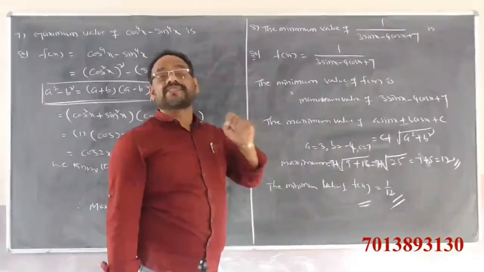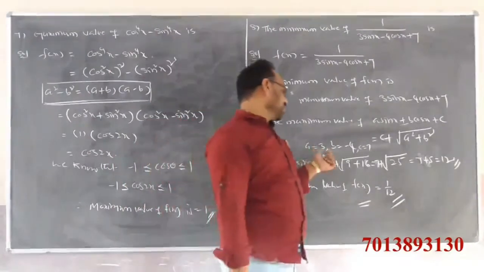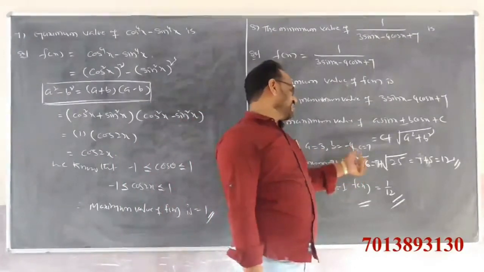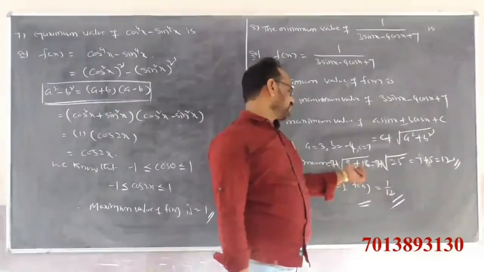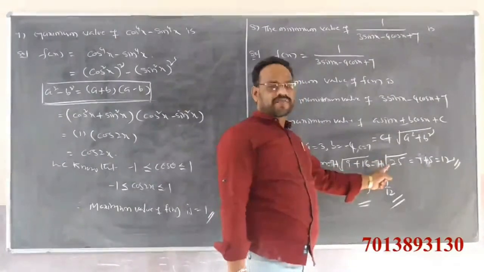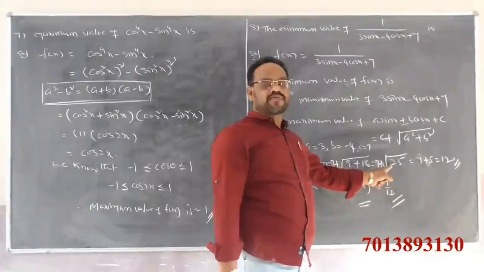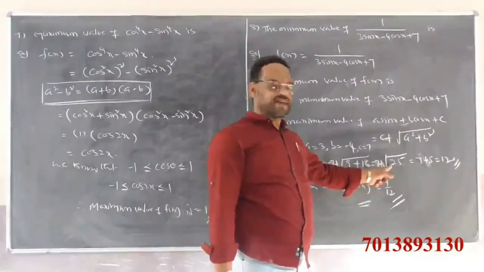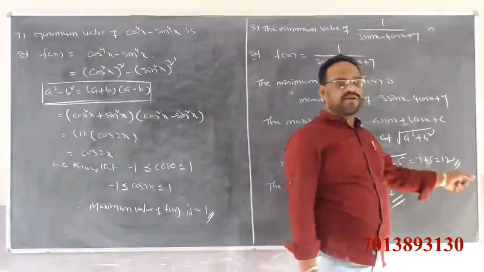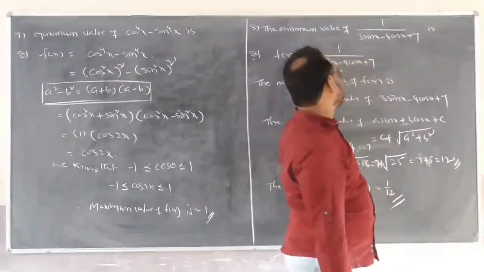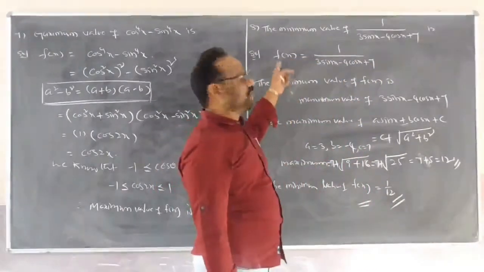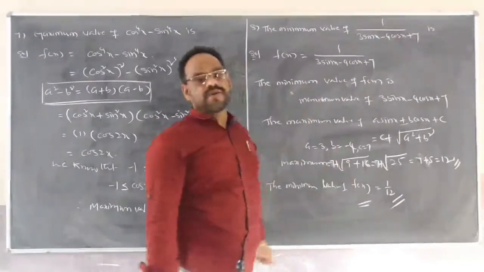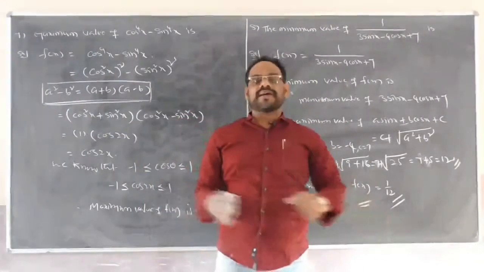That is 7 plus square root of 9 plus 16, which is 7 plus square root of 25. Square root of 25 is 5, so 7 plus 5 we get 12. So the maximum value of 3 sin x minus 4 cos x plus 7 is 12. So the minimum of f of x is 1 by 12.